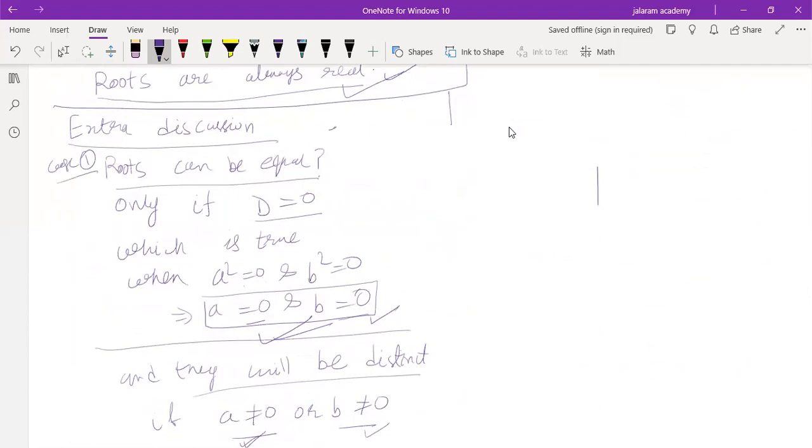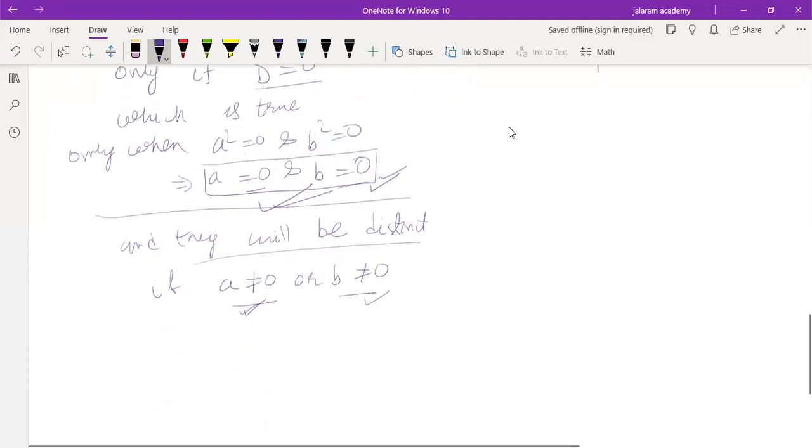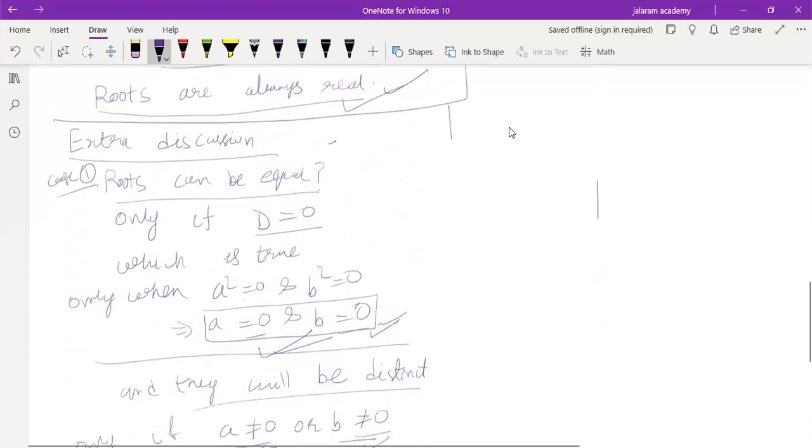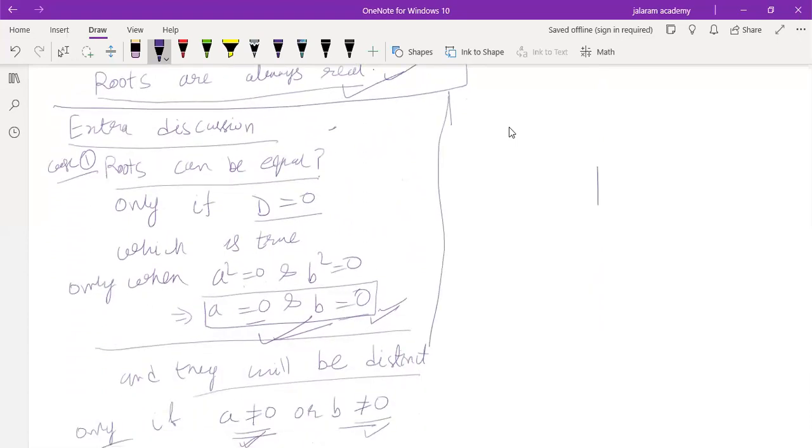Only if the discriminant is 0, which is true only when A square equals 0 and B square equals 0, that is A is 0 and B is 0, both simultaneously 0. And they will be distinct only if either A is non-zero or B is non-zero, or both are non-zero. So this must be very clear in your mind about the quadratic equation.